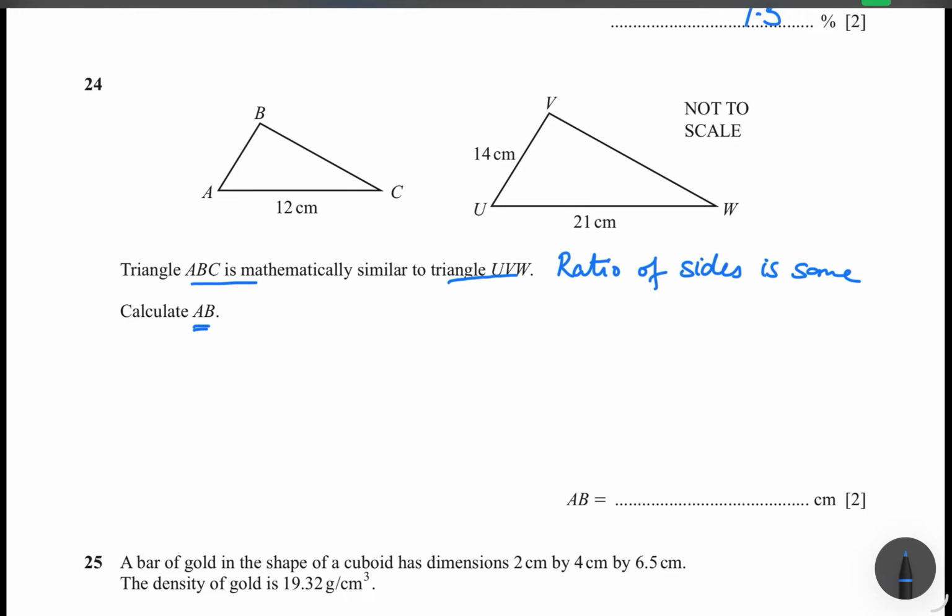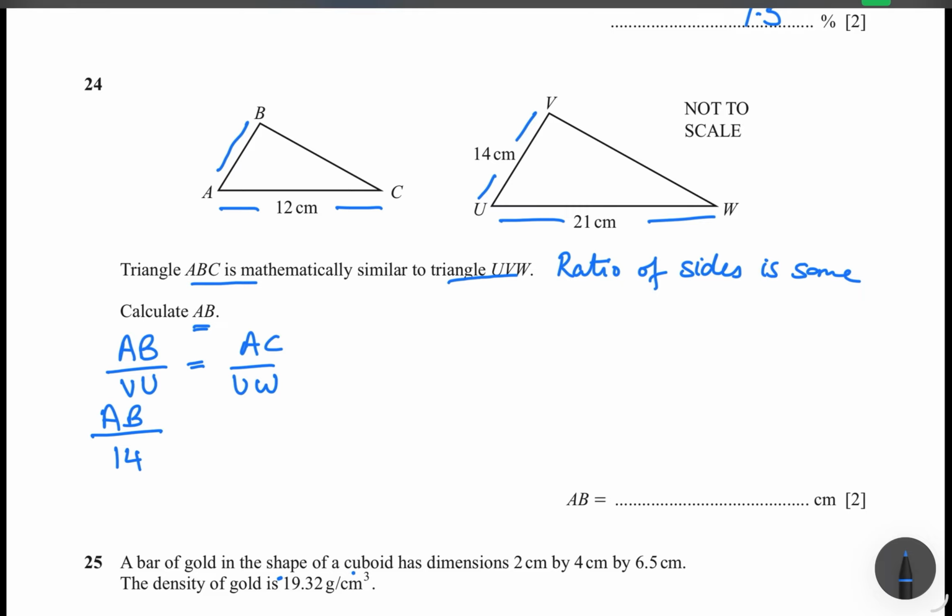We are looking to calculate this AB. So I will start with this AB, and then the corresponding side on the other triangle is UV here. AB over UV equals AC over, we will take the corresponding side, UW. So AB, we are looking for AB, and UV is 14, and AC is 12 over 21.